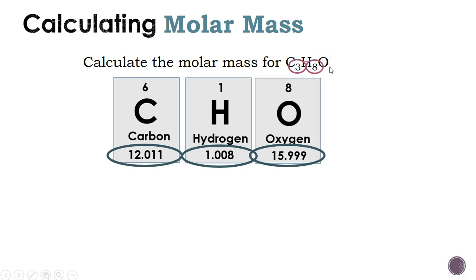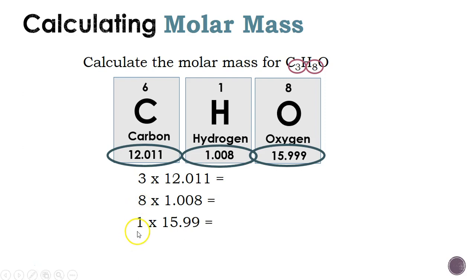Therefore, we need to account for each of these masses. Since we have 3 carbon atoms in this molecule, we multiply the mass of carbon by 3. Since we have 8 hydrogens, we multiply the mass of hydrogen by 8. And since we only have 1 oxygen, we only need to write 1 oxygen.